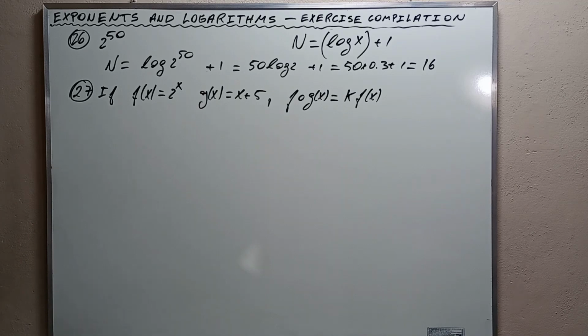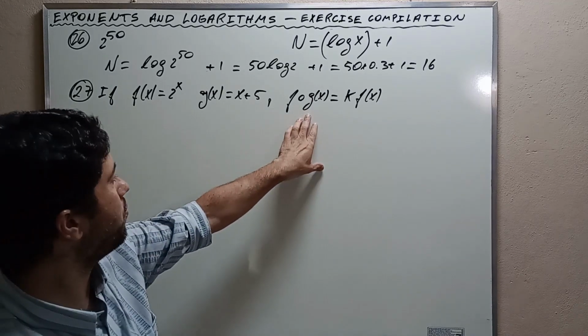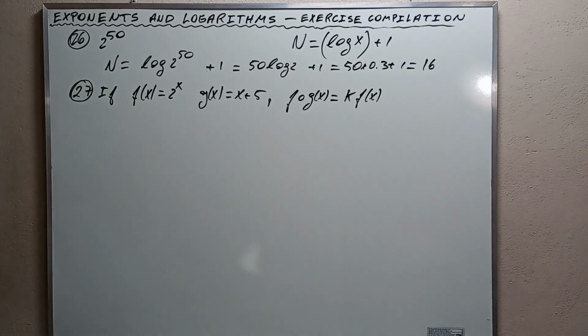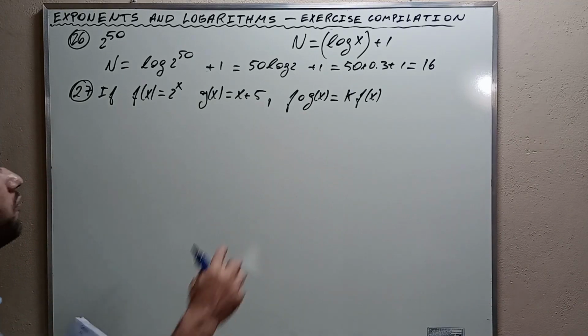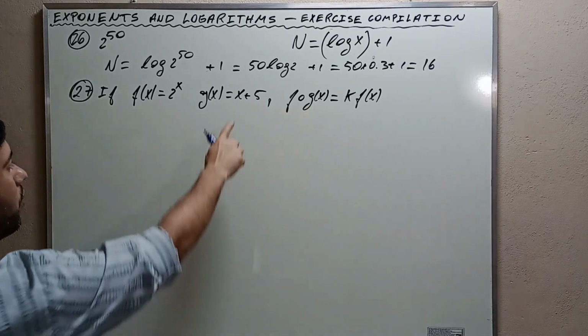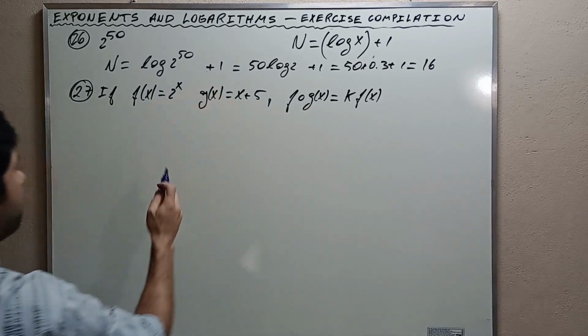It is very simple, my friends. It is not difficult. Let's solve it. Okay? What does it mean? It is a composite function. It means that we have to substitute g in f. Okay? We are going to substitute g in f.